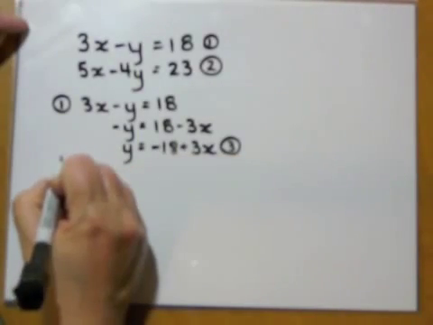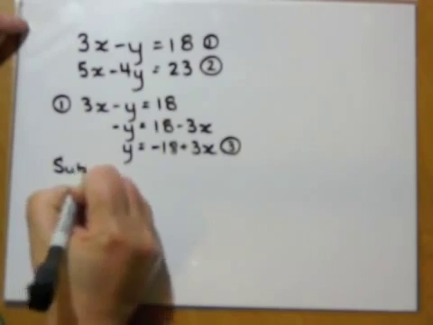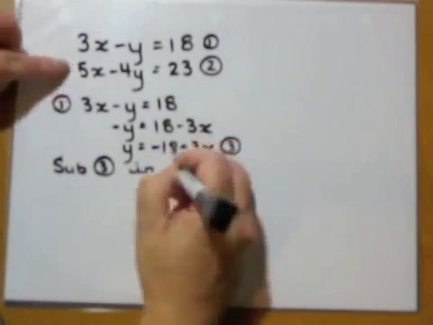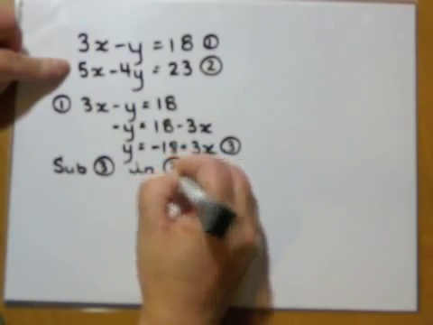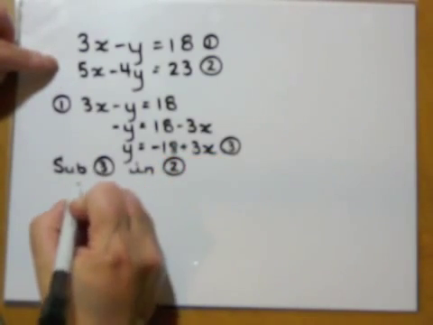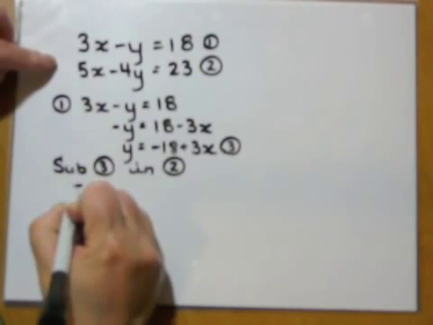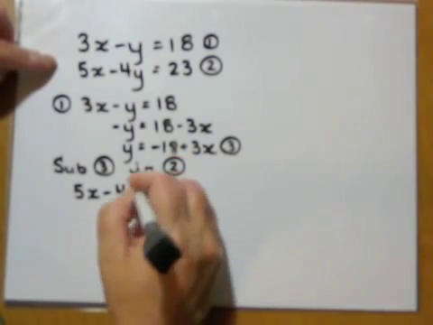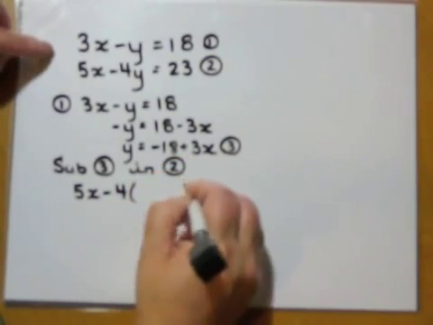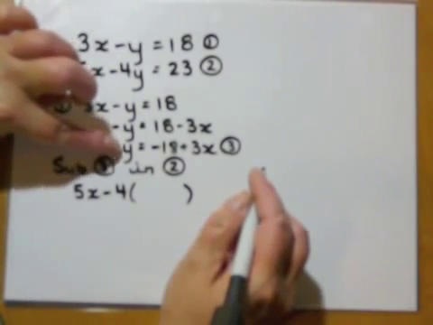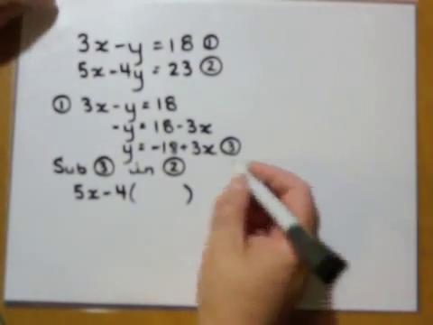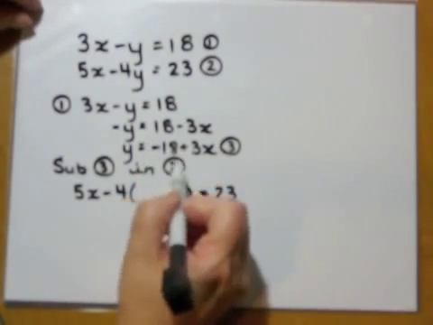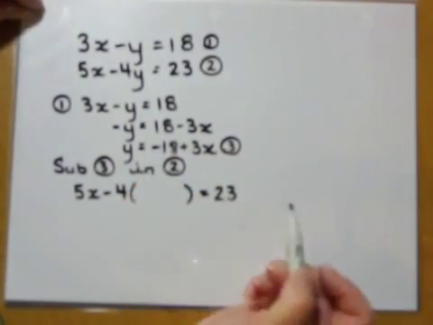So for communication, I'm going to say sub equation 3 into equation 2, and that is going to be 5x minus 4 times y, but I'm going to put a big set of brackets because I solved for y up in this equation, equals 23. And I'm going to put in what I know y to be, which is negative 18 plus 3x.